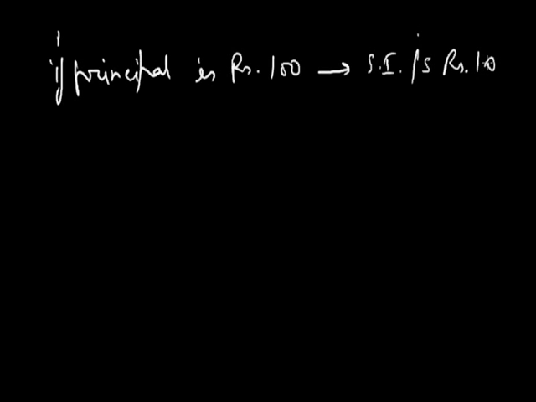This is by definition of rate of interest. Rate of interest, by definition, is the amount of simple interest to be paid after 1 year if it is given in percentage per annum. That means if principal is rupees 100, simple interest is rupees 10. This whole equation is for 1 year.